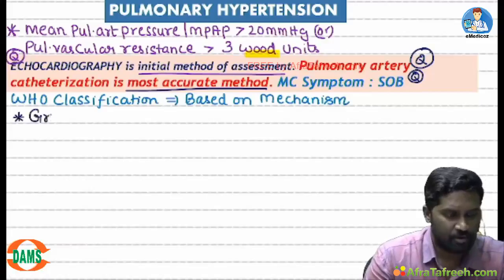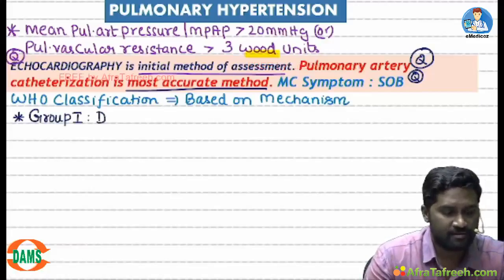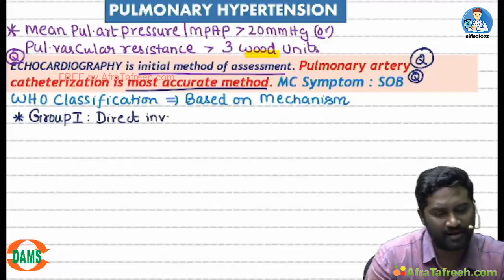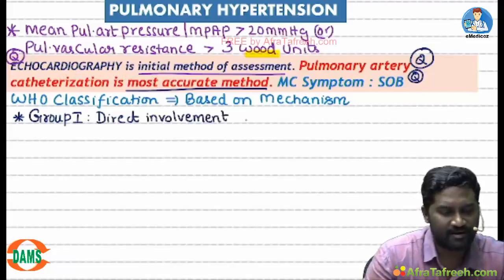We have group 1. Group 1 happens because of direct involvement of the pulmonary artery.